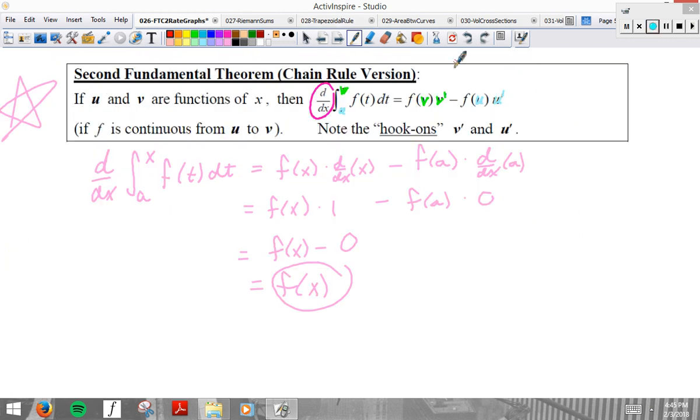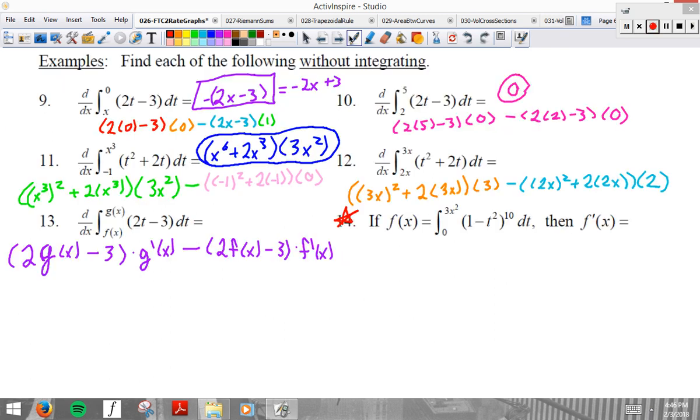We would use this whenever you see derivative of an integral. But here I don't see that.